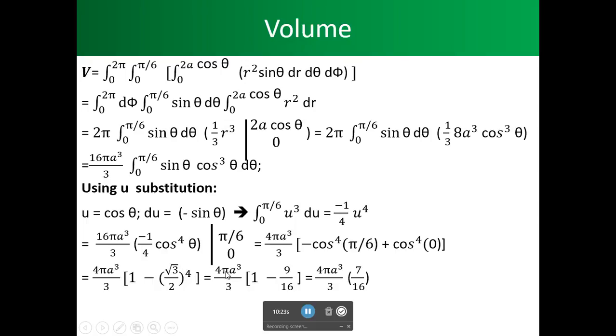We have our constant that's out front times the quantity 1 minus, and if we have this to the 4th power, that's 3 times 3, which will give us 9, and that'll give us 16. So it's 1 minus 9 over 16, and so we get 7 over 16 and 4 pi a cubed over 3. So V, our volume, is equal to 7 times pi times a cubed over 12.